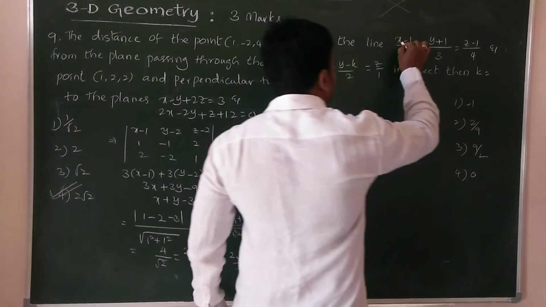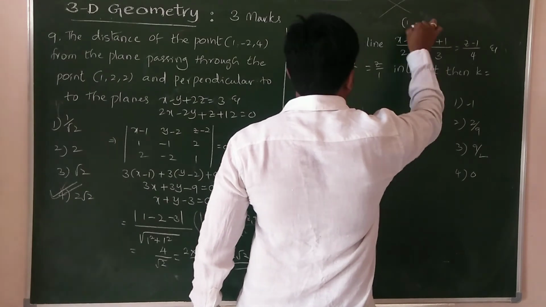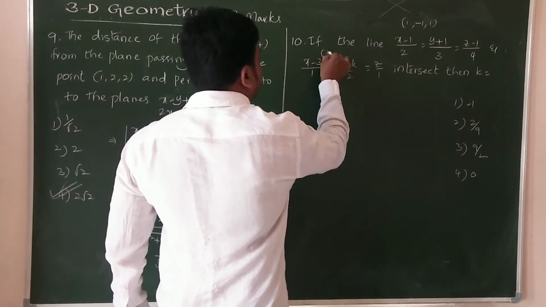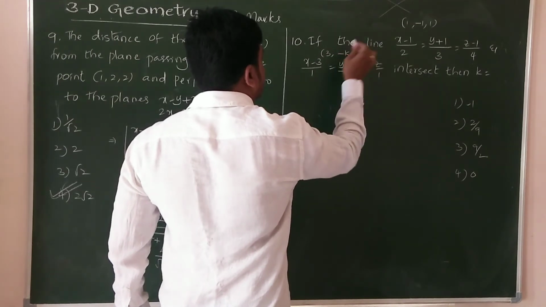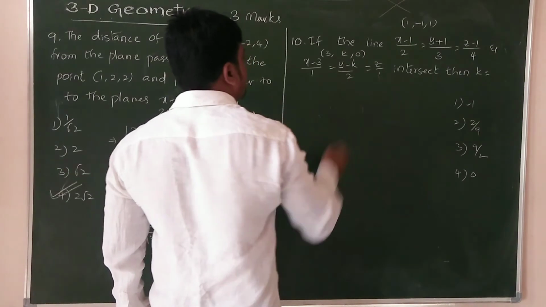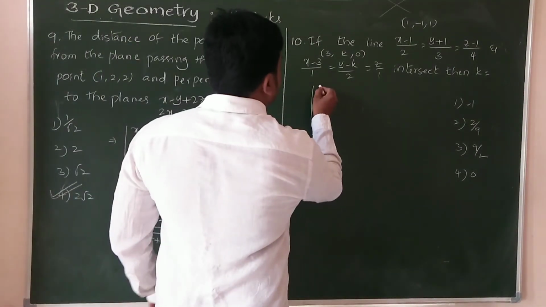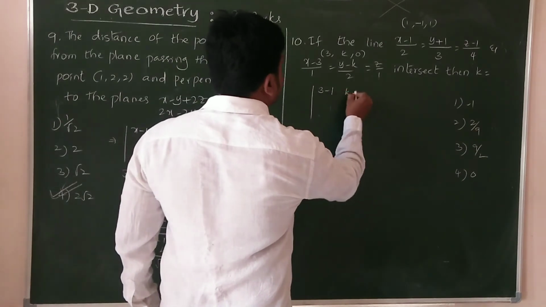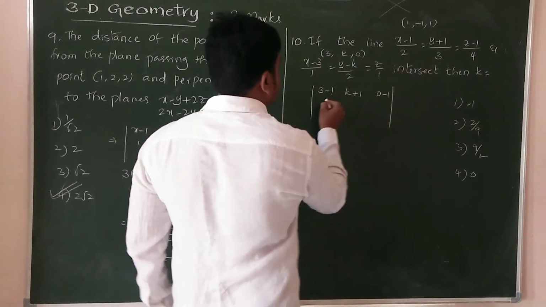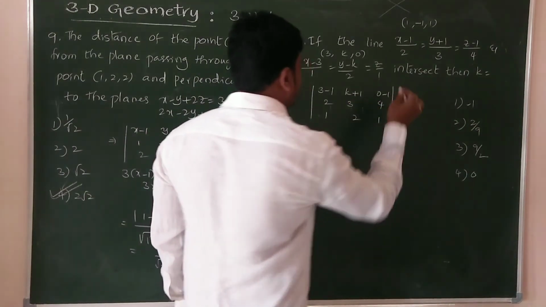So it is also like a plane equation, not a plane, it is like this one. It passes through (1, -1, 1), yes or no? Now it passes through (3, -k, 0), yes or no? So now determinant with rows 3 minus 1, k plus 1, 0 minus 1, and the direction ratios 2, 3, 4 and 1, 2, 1 equals 0.